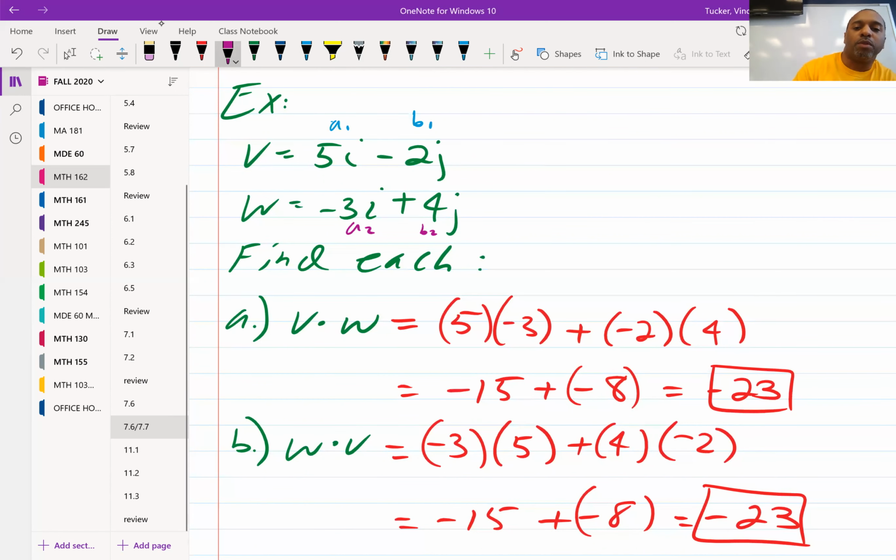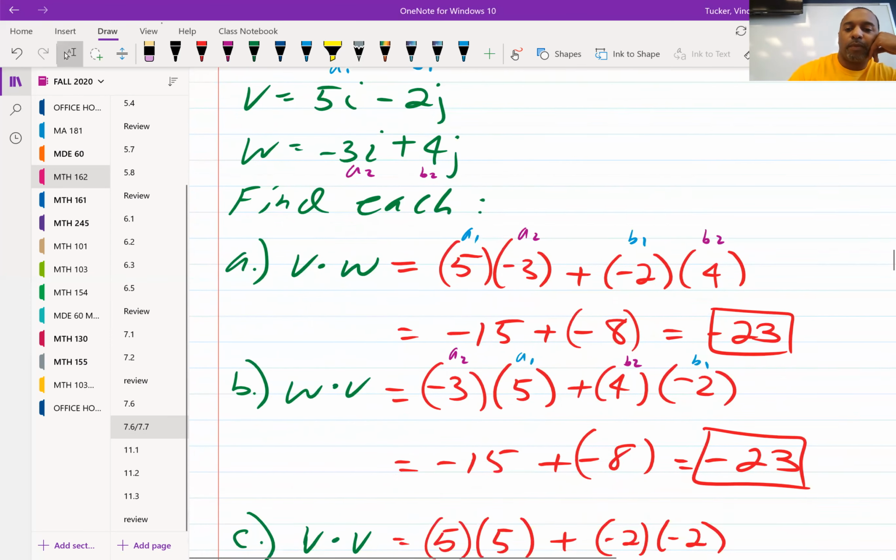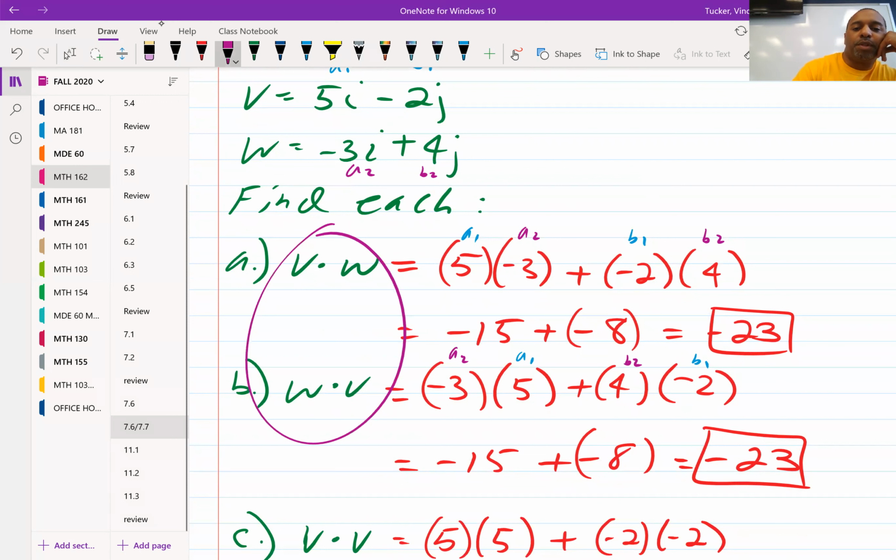And so you just plug them in accordingly. And in both cases, you get negative 23. And so they were just emphasizing that relationship here.